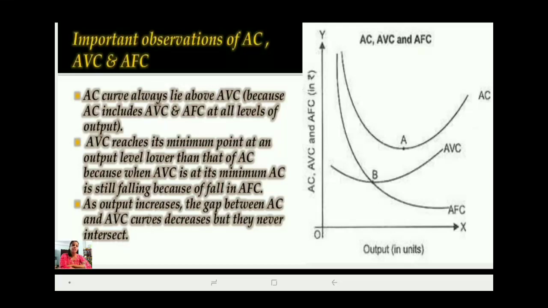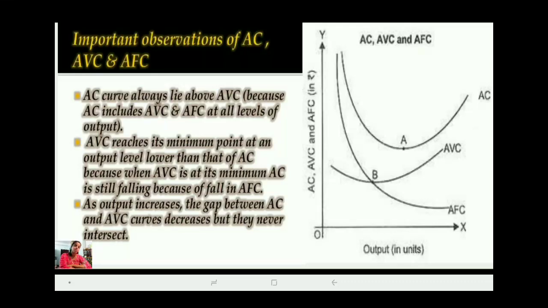So average cost still keeps on reducing. Why? Because our average fixed cost is still falling, and that is why the average variable cost finds its minimum point before the average cost.